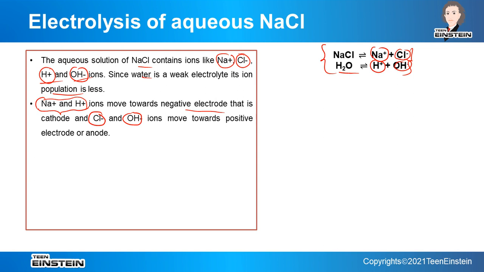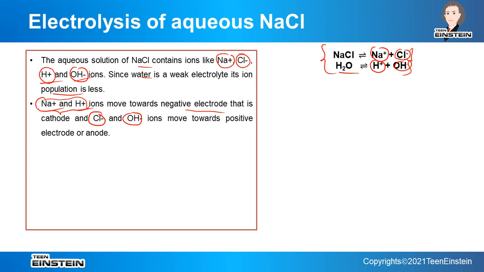Right now just remember that there are some specific values mentioned in the table, and just by checking the values you can understand which one will be reduced or which one will be oxidized. It is observed that the tendency of H+ to accept electron is high compared to Na+. That is the reason only H+ will be reduced, not Na+.